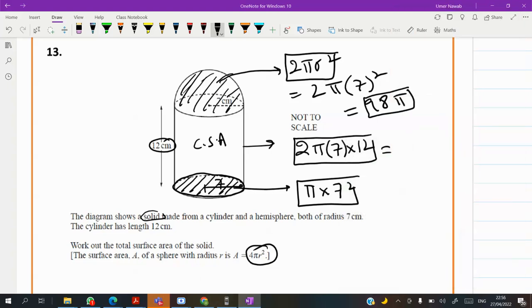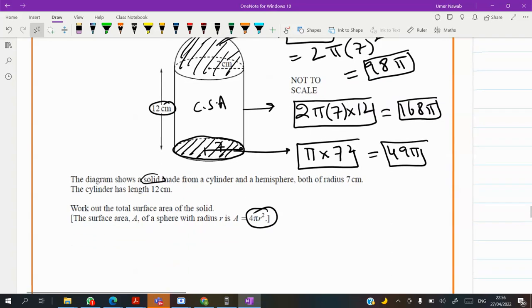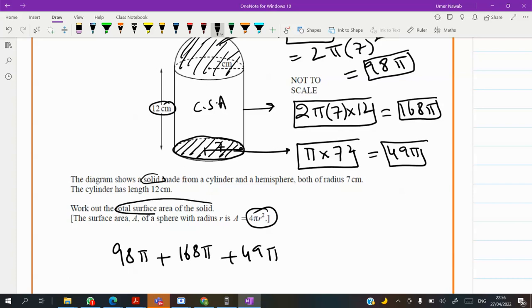It gives us 168 pi, which is the curved surface area of the cylinder, and the bottom is 49 pi. We need to add all these areas to get the total surface area of the solid.